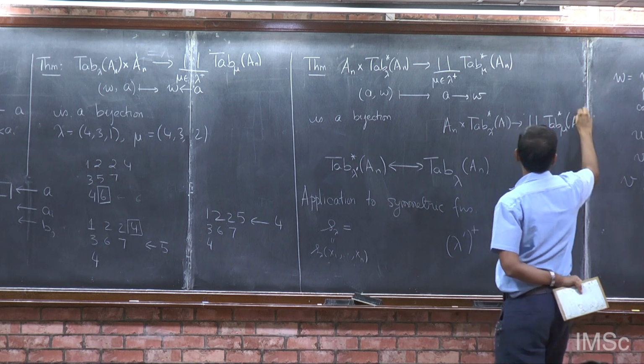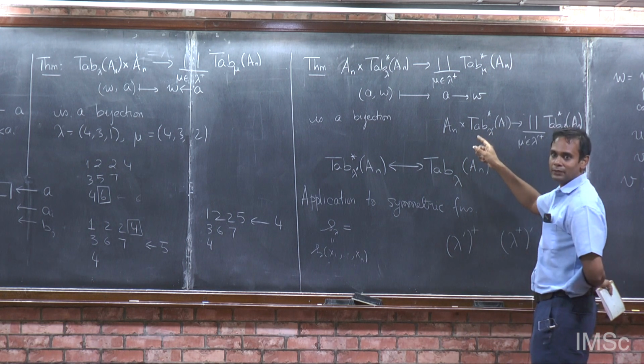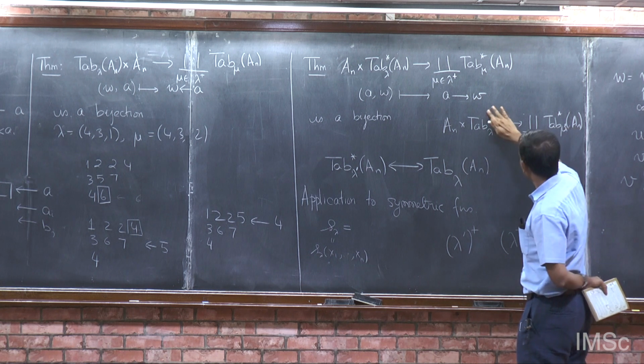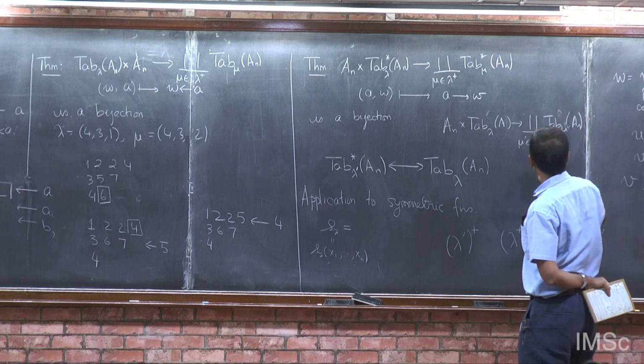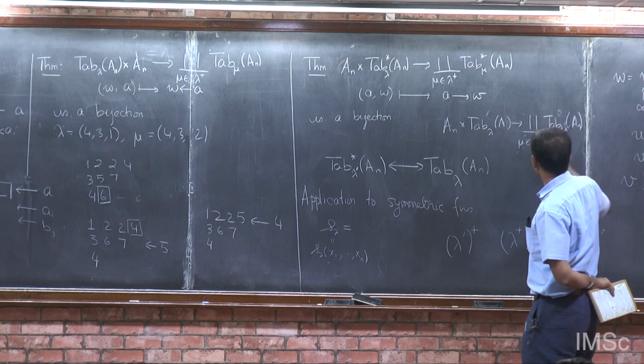I have just replaced lambda by lambda dash, but then this is just tab lambda, and this is just tab mu, and all you have to convince yourself is that this is the same as this.